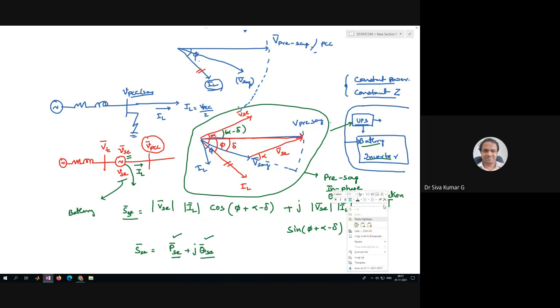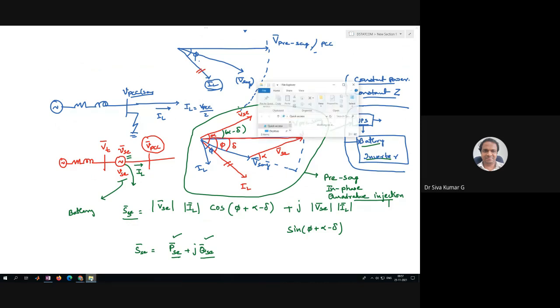I mean, not in the sense that the method itself is wrong, but in the literature they talk about quadrature injection also. Please go through that: the pre-sag injection, the in-phase injection and the quadrature injection.